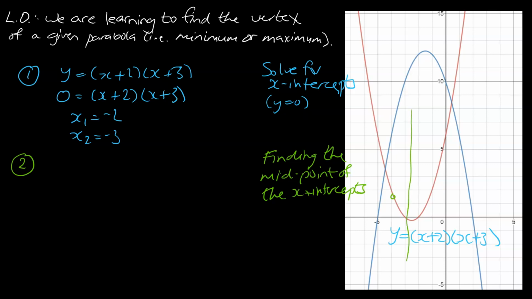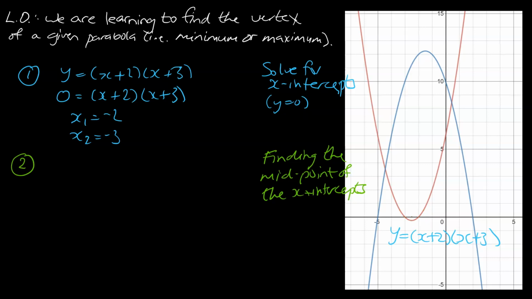If you've got one point here, it's going to be the mirror image of another point on the other side. So if we've got this value here, which would be x1, the mirror image is always going to be x2. The point exactly in the middle of those is the corresponding x value of the vertex.